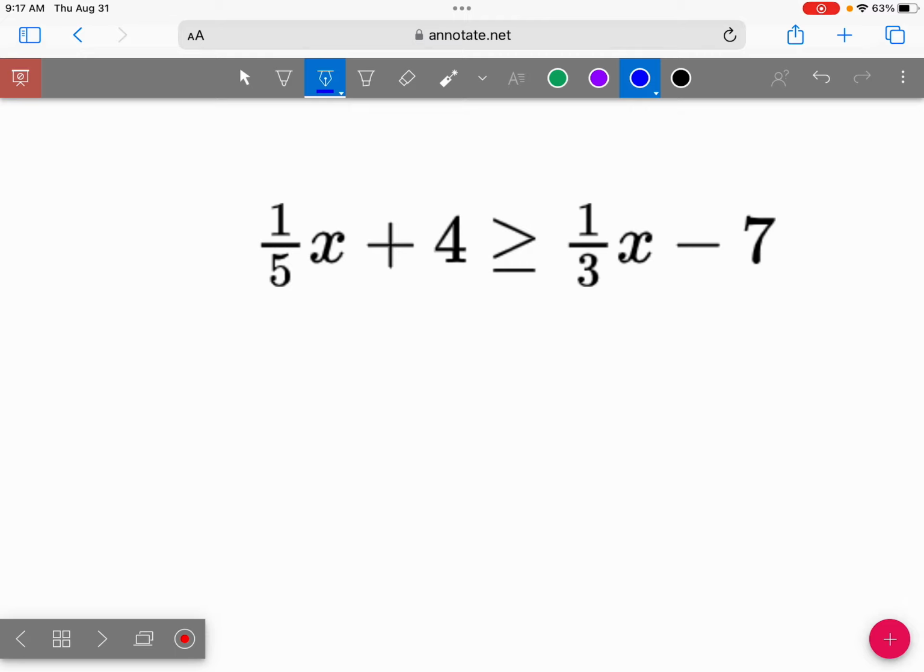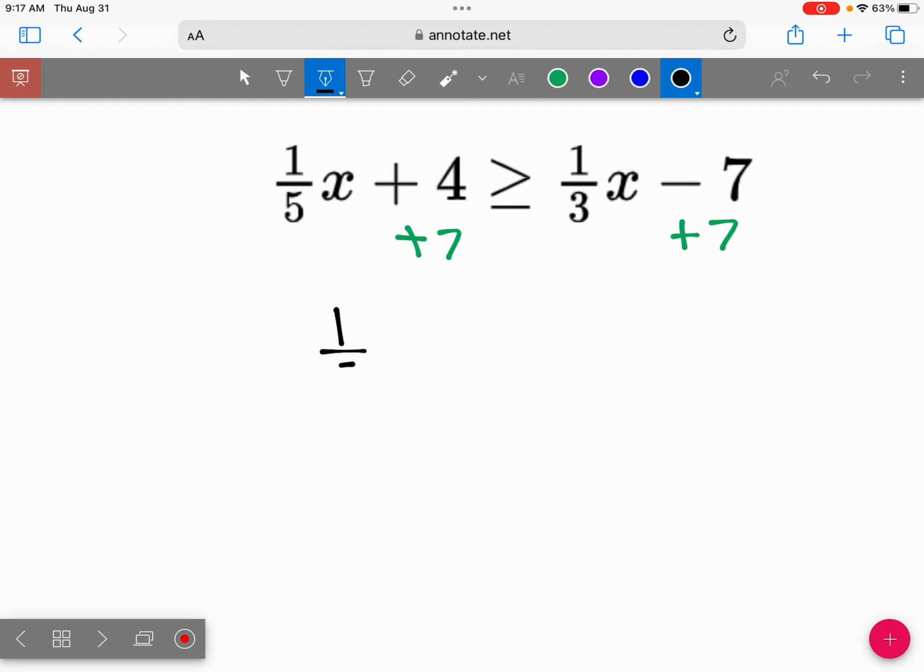All right. What's our instinct on this one? You can add 7 to both sides. That's fine. One-fifth x plus 11 is greater than or equal to 1/3 x. That's fine. Then what can we do?